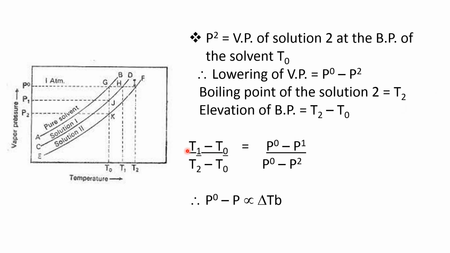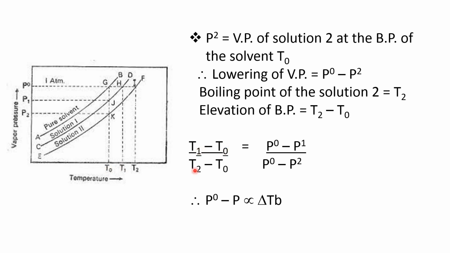Similarly, for this bigger triangle GKI, this arm will be P0 minus P2. This ratio of arms will be equal to the ratio of these arms. JH will be T1 minus T0, and similarly KI will be T2 minus T0.